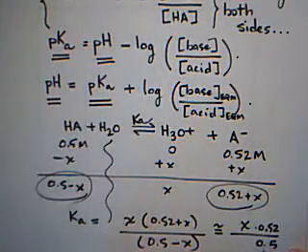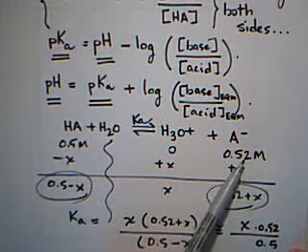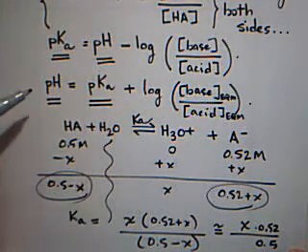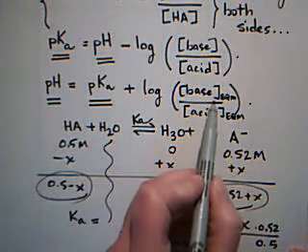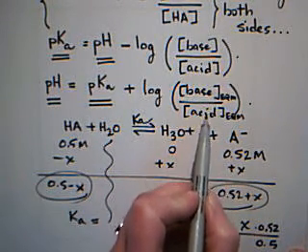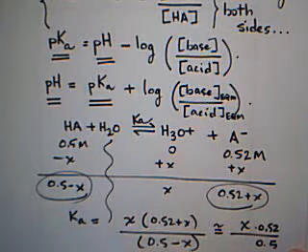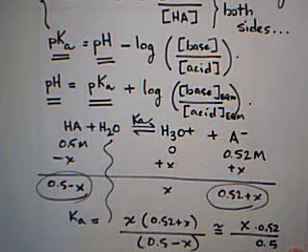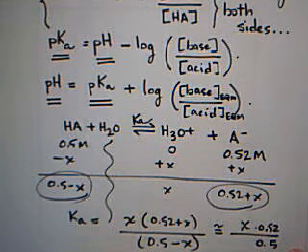See how these are basically my initial concentrations because my change was insignificant? So in the Henderson-Hasselbalch equation, it's supposed to be equilibrium, yes, but we're actually inputting the initial numbers because x is not changing it very much. So for this buffer equation, it implies the 5% rule being valid.